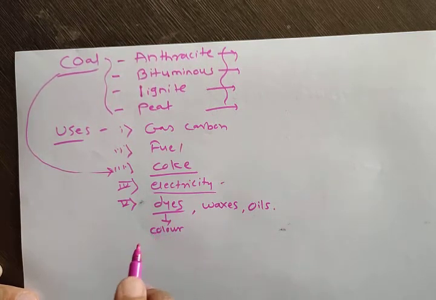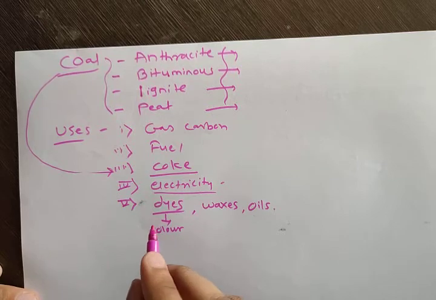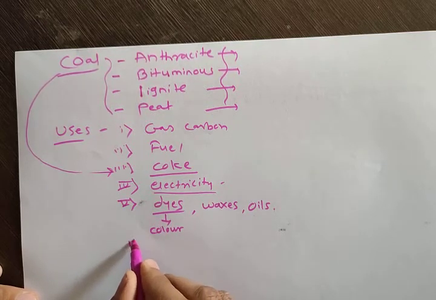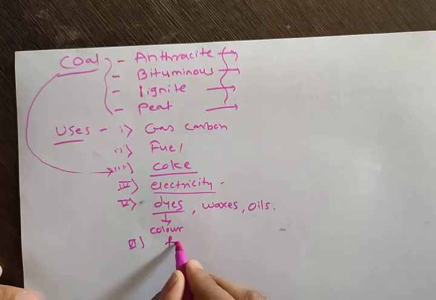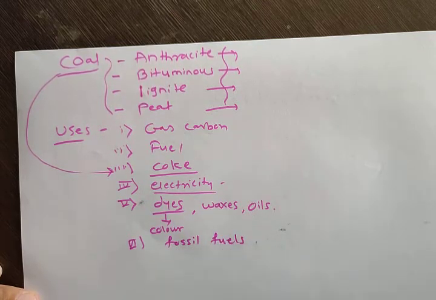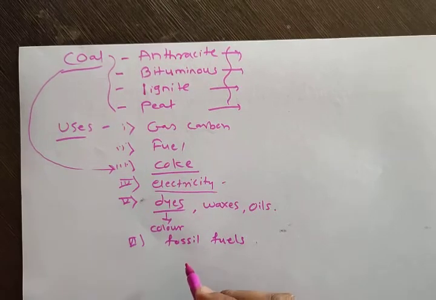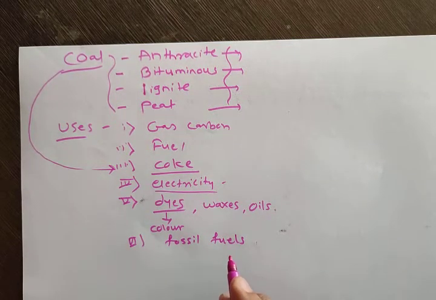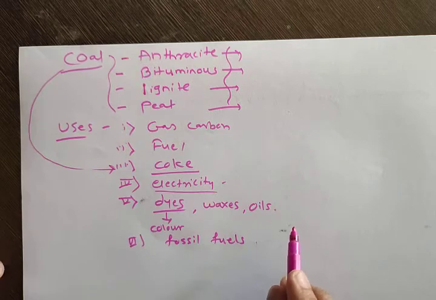Then the last use: it is also used to produce liquid and gaseous fossil fuels such as CNG and LPG. These are gaseous fuels which are prepared from coal. So here we have discussed various kinds of amorphous forms of carbon.